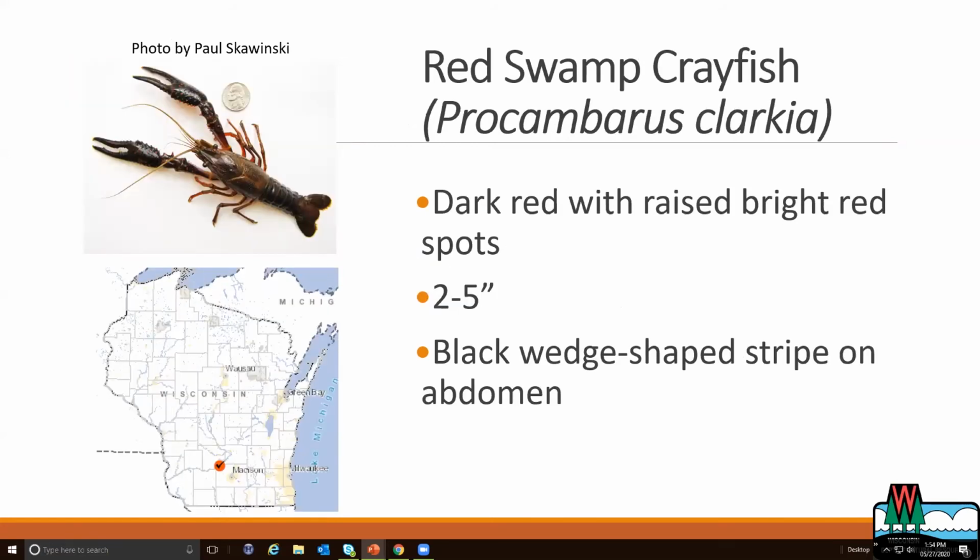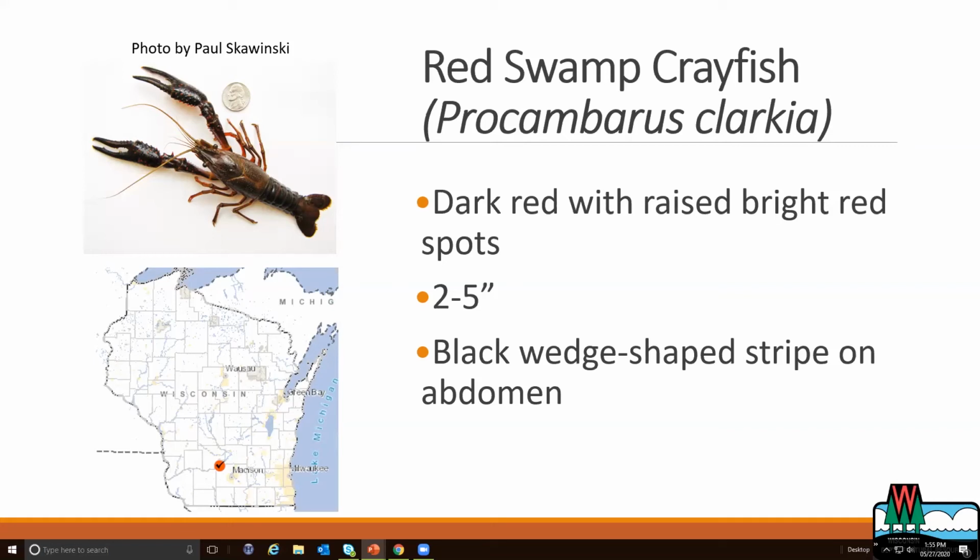Continuing in the world of crayfish, we have the red swamp crayfish, which I believe does have a second verified population, not just the one in northern Dane County, but it's very dark red. It's 2 to 5 inches long.